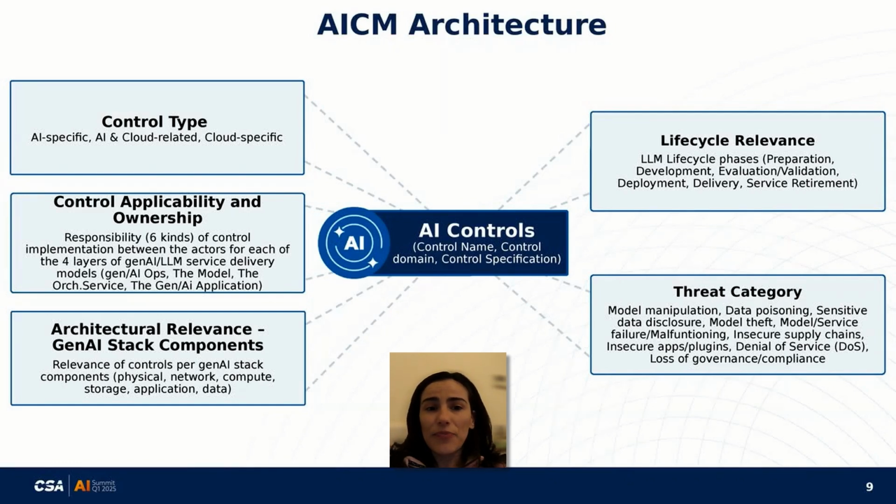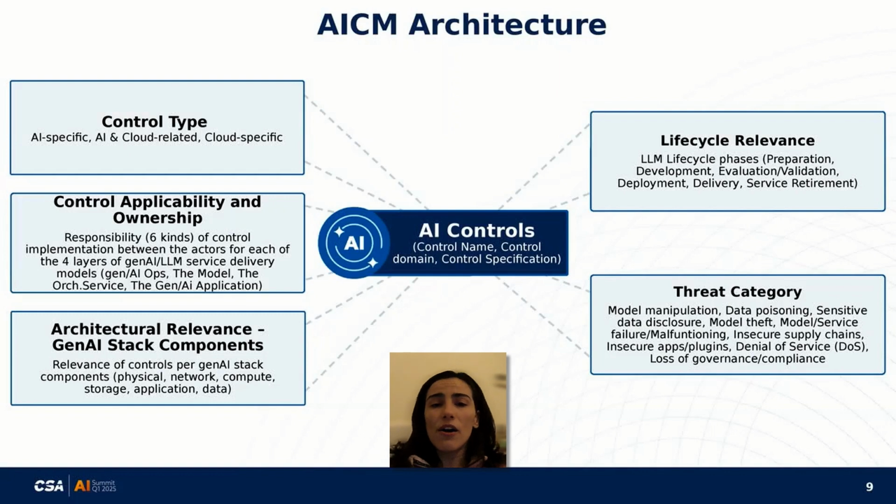And as you can see on the diagram, we approach them from several key dimensions in order to ensure clarity and practicality. So starting from the left top, we have the control type, as we said, which tells us whether the control is relevant to the cloud environments, to AI systems, or both.